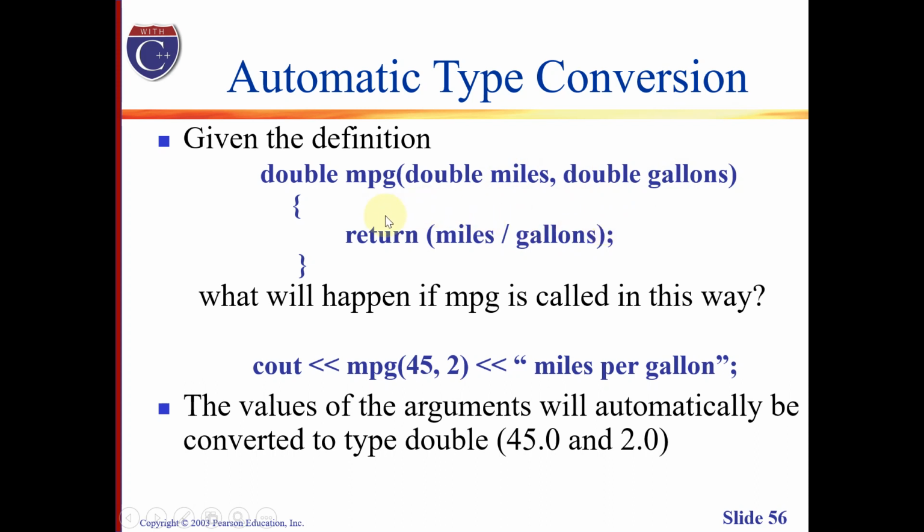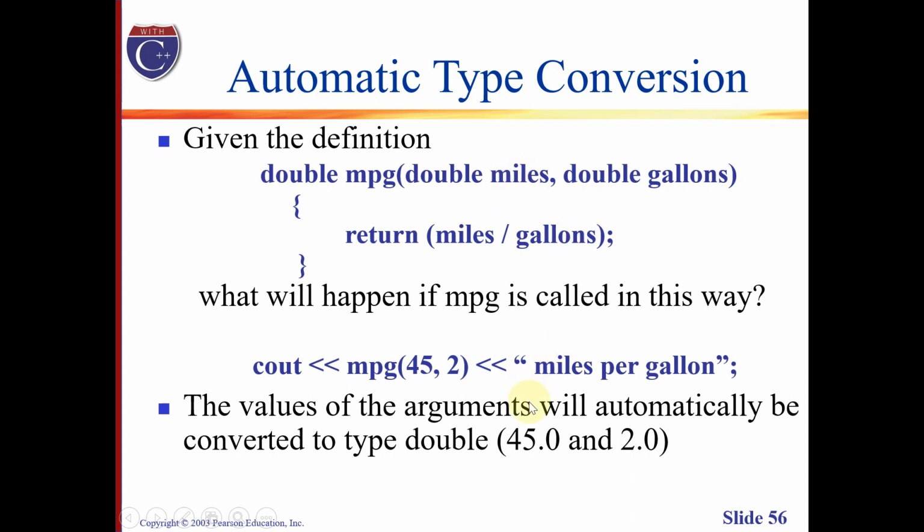The question is, what will happen if MPG is called this way? In this case, we provided two arguments but of type integer, although in our definition here, the parameters were declared as double.